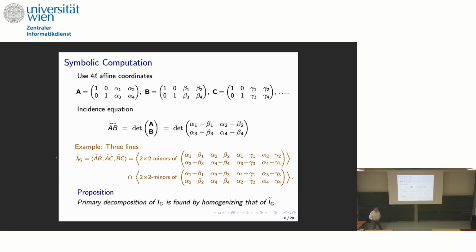Now the following computation will be very quick. You take the K3, the complete graph, so A, B, C, A, C, B, C. And it turns out the primary decomposition is quite nice. So for the first component, this is the concurrent component.